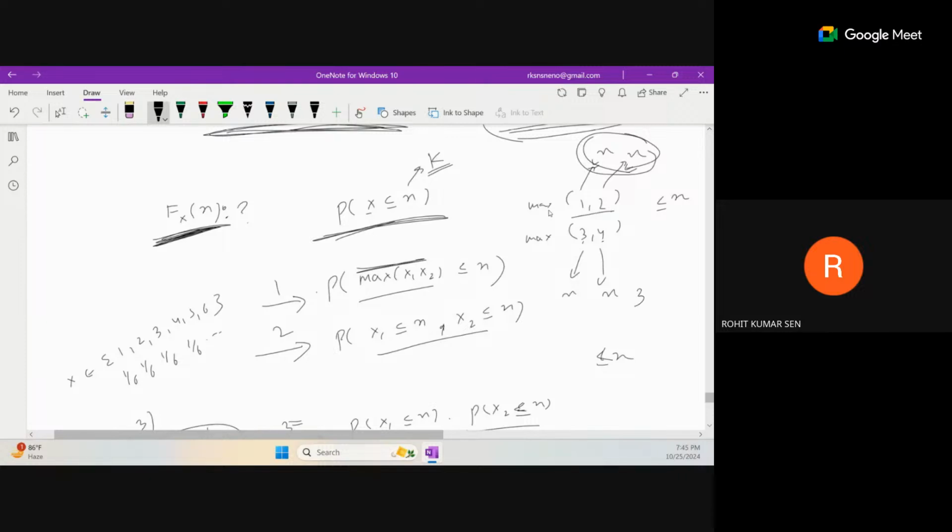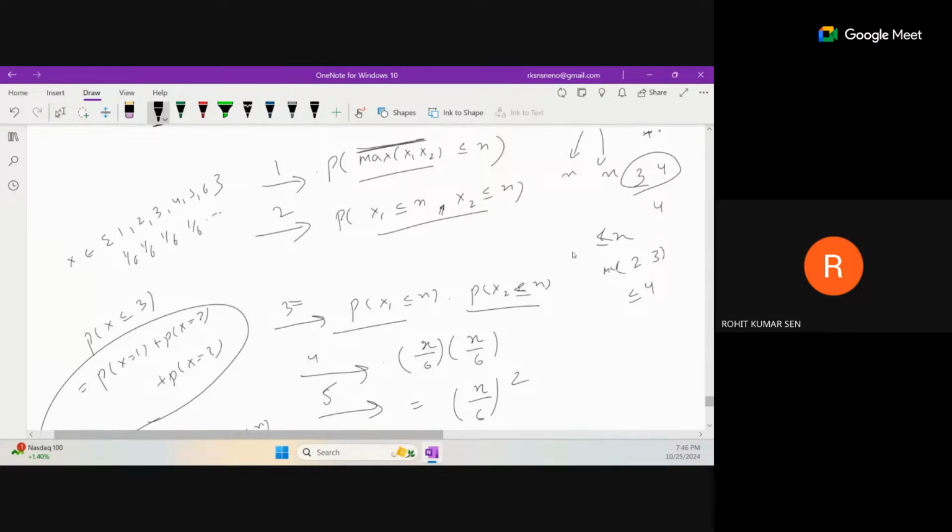If my first value is less than or equal to 4 and my second value is less than or equal to 4, then my max is going to be at most 4, because none of my values is greater than 4. So I can apply an AND condition here: x1 less than or equal to x and x2 less than or equal to x.